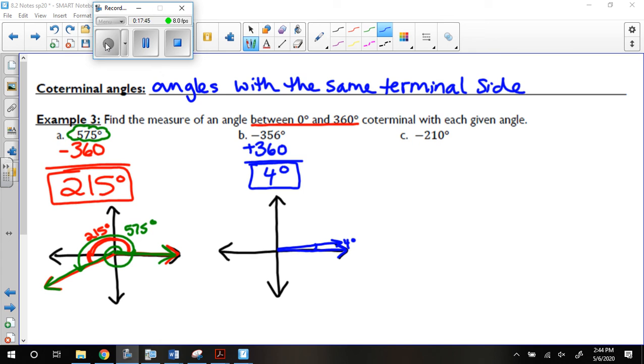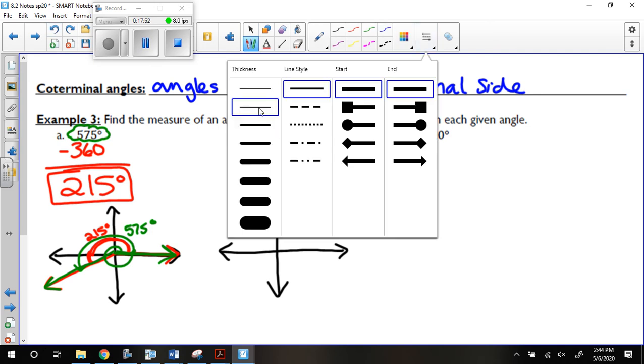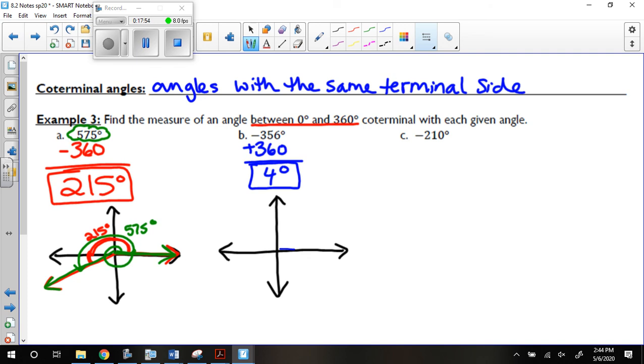You know what, let me get a skinnier pen for that. Skinnier pen. All right, so starting here, 4 degrees, which is not much, from the initial side to the terminal side.